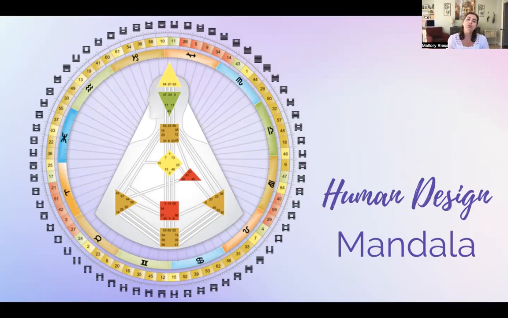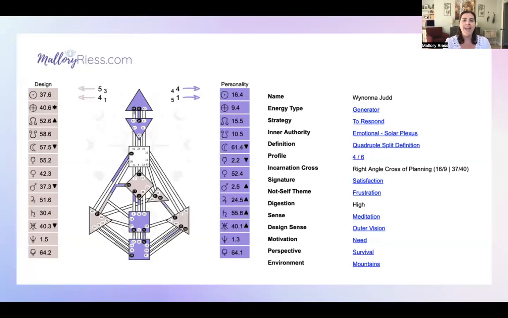And it is the neutrino field flowing through the planets at that time that imprints on your energy. Basically it gives you a little energetic imprint of how your energy is designed to operate at the time when you have fully exited your mother's body. So that's the mandala.